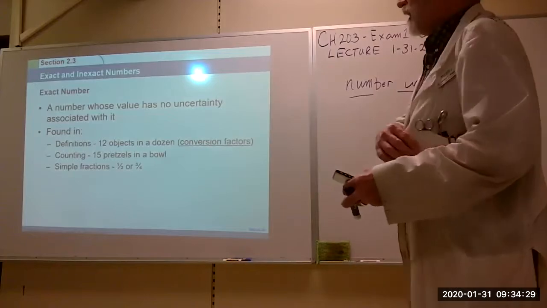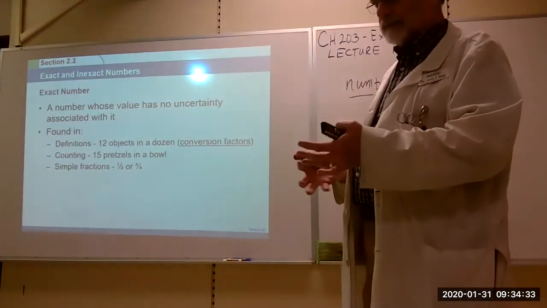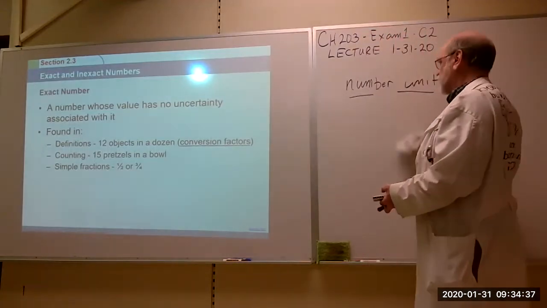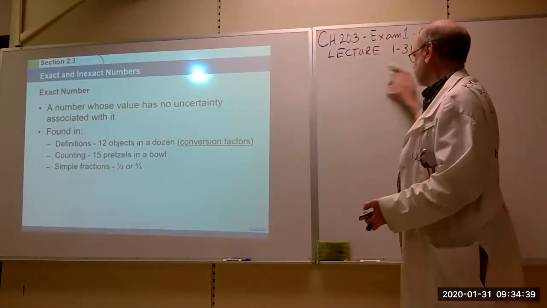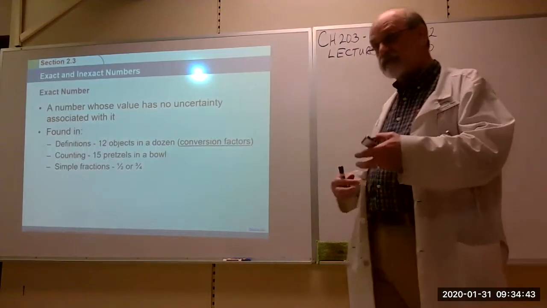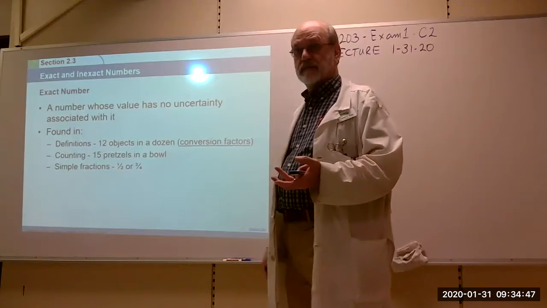Okay. Now we're going to talk about uncertainty. In any type of measurement, there is uncertainty. You just have to accept it. There are various reasons for uncertainty. Some of them are obvious, some of them are not so obvious.